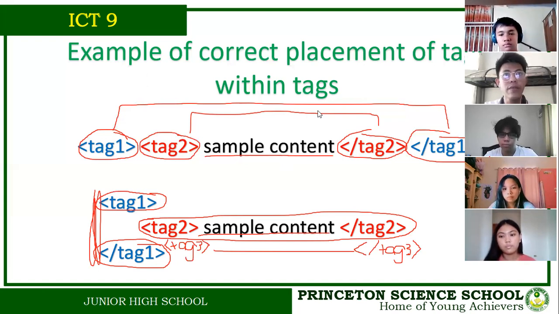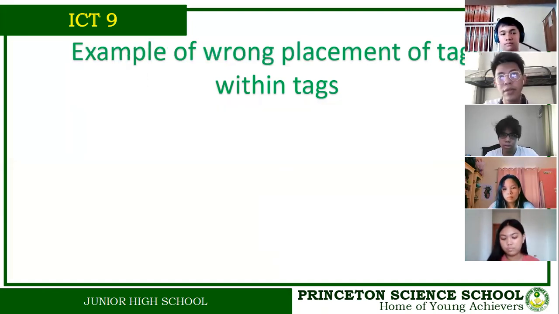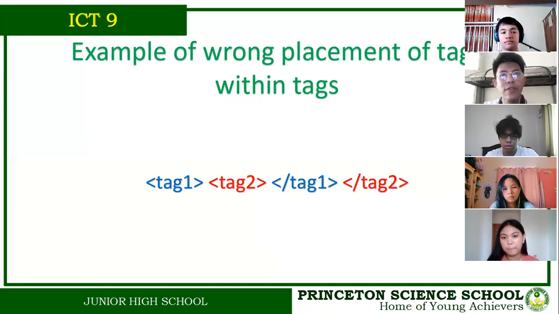Okay, so if we have correct ways of placing our tags, we also have a wrong placement of tags. One example you should not follow is this one, because first of all, tag 1 enclosed the beginning tag of tag 2, and tag 2 is enclosing the ending tag of tag 1. So basically they are not enclosing everything.